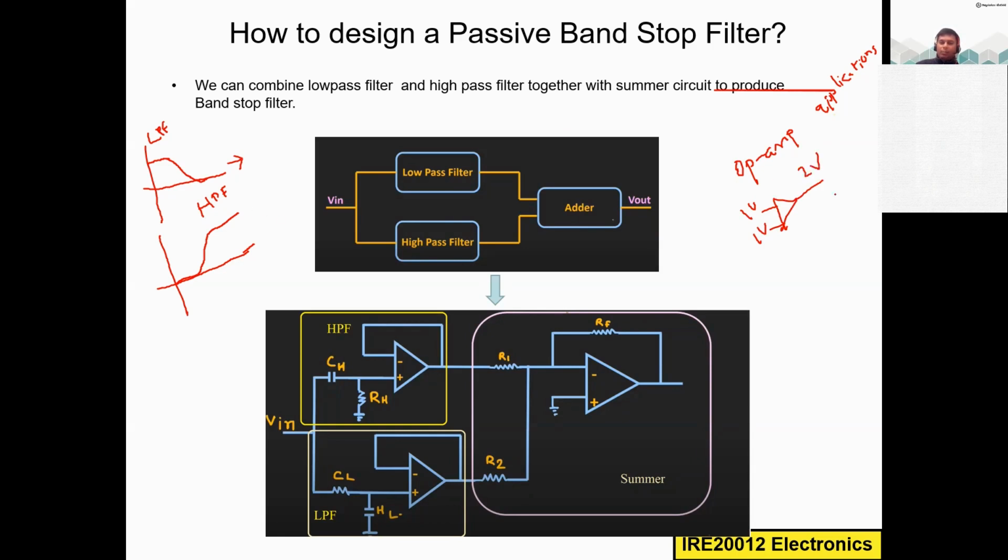So it will just combine or add whatever input signals you are giving at the input. It will have multiple inputs. So if we use this negative terminal for the feedback, the one we are not using will be grounded.